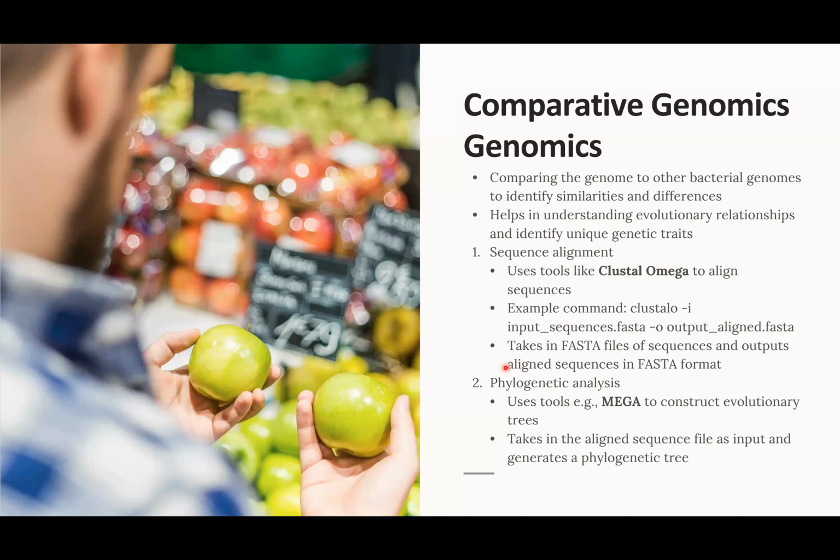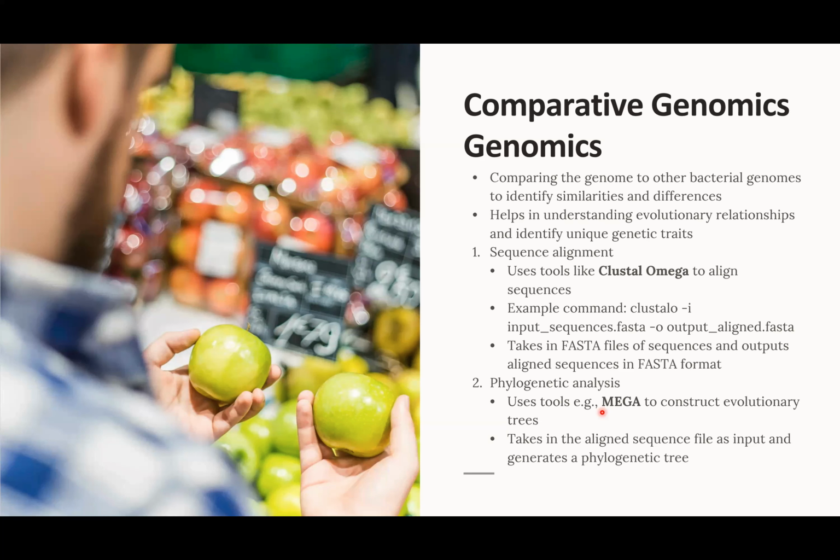It will output for you the aligned sequences. After you get these aligned sequences, you can feed them to a phylogenetic analysis tool. An example is MEGA, and it will use that sequence alignment to construct an evolutionary tree for you.